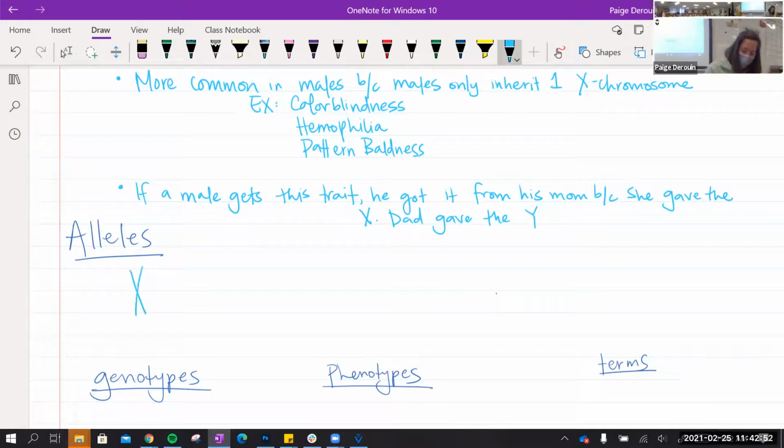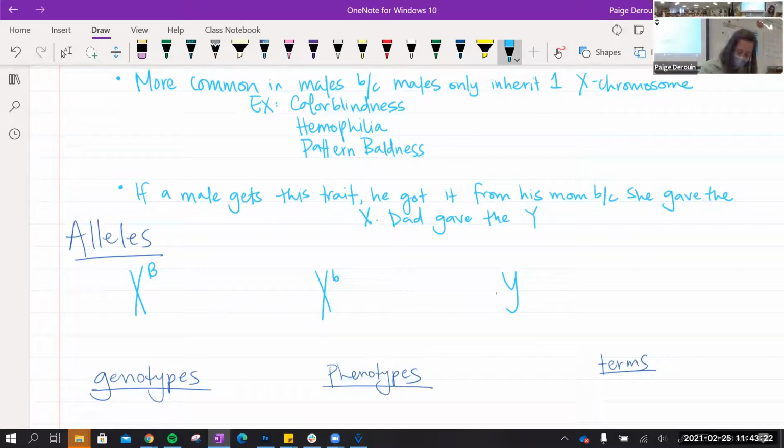We have X, we're gonna use the exponents with a capital letter, X with a lowercase letter, and Y. All of the X's and Y's are capitalized. Should I put a superscript letter on the Y? No, because the trait is X-linked. It's not Y-linked. So do not put any extra letters on the Y. It's just Y.